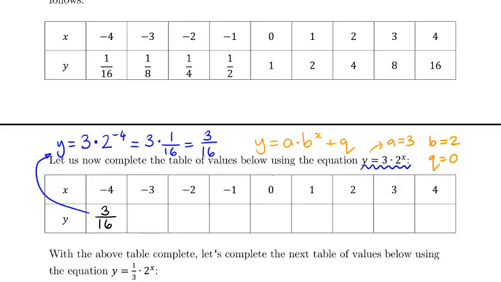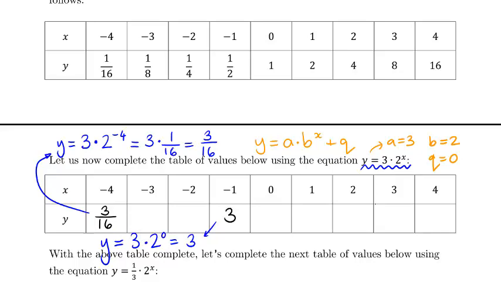Let's actually do all the same x values that we did for the classic exponential function. So next we're going to do this x value over here and see what y is. I hope that you can read what I'm about to do here, guys. So y would equal 3 times 2 to the naught. 2 to the naught is 1. We already know that. So 3 times 1 is just 3 over there. So that value is 3 over there.